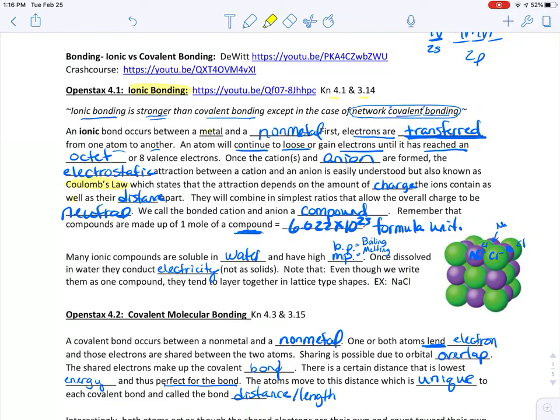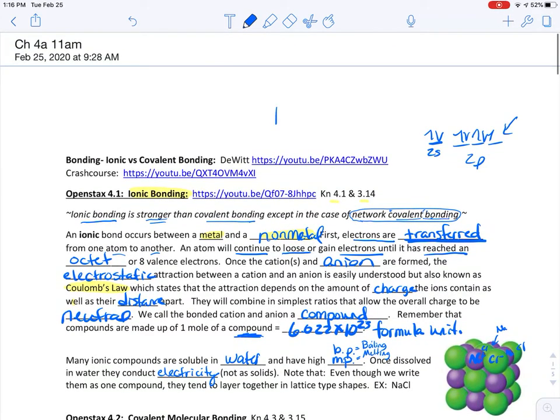All right, so an ionic bond occurs between a metal and a non-metal. If we look at our periodic chart, and I'm just going to draw a generic little picture up here, remember you've got those stair steps. All the elements on this side are metals, and everything over here is a non-metal. We've talked about that a few times.